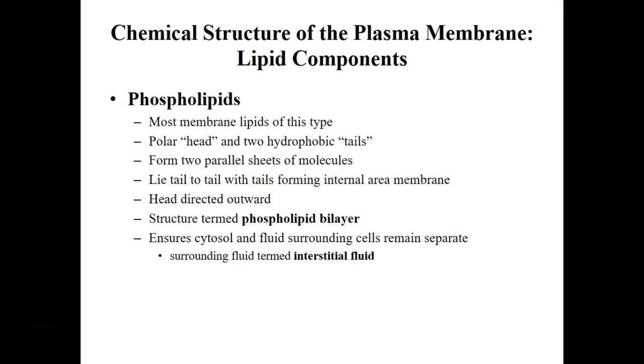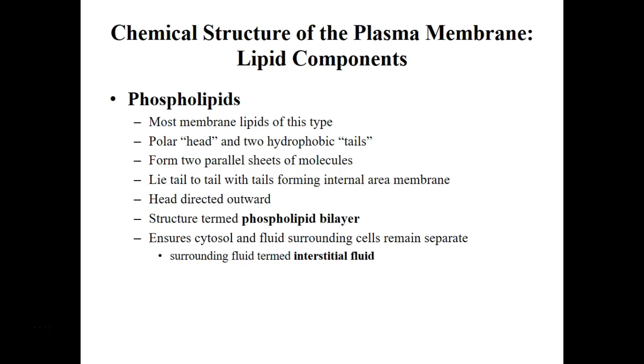The plasma membrane, in a nutshell, is a membrane built from phospholipids. Phospholipids have a hydrophilic glycerol head and hydrophobic fatty acid tails. The fatty acid tails are going to face away from the fluid. So it's a bilayer, which means there's two layers of phospholipids.